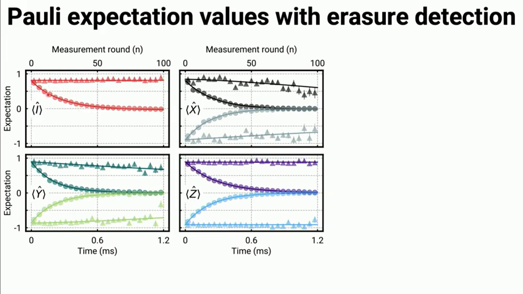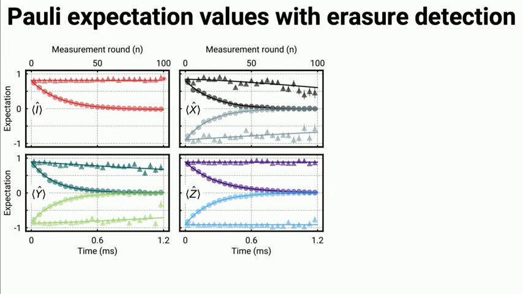And the circle points are the raw data, and you can see that they're smoothly decaying to 0, indicating leakage or photon loss events. But if we post-select out all the erasure events, we get these triangle data, which is essentially flat, which means that we're in the dual rail Bloch sphere now.